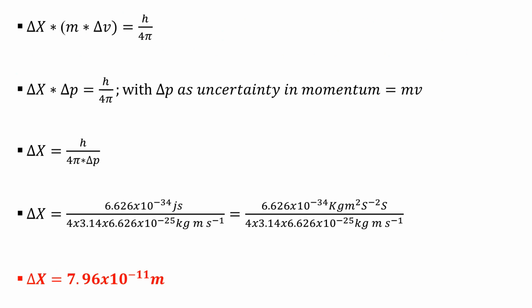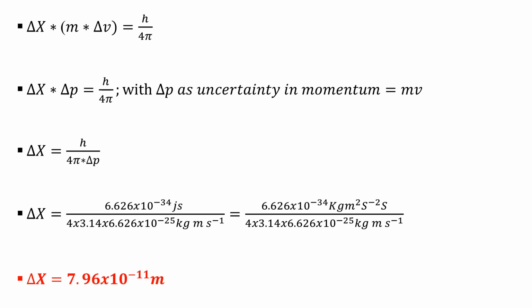Then, to obtain the uncertainty in position, we use the formula. We rearrange the terms. We are given the momentum. The momentum is equal to m times delta v. Then we calculate delta x, the uncertainty in position, because we are given the uncertainty in momentum.